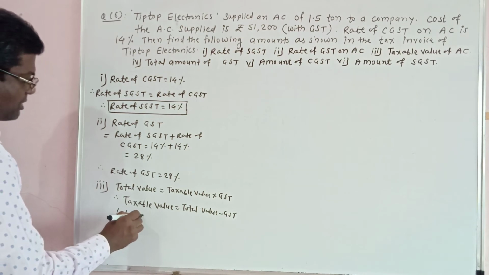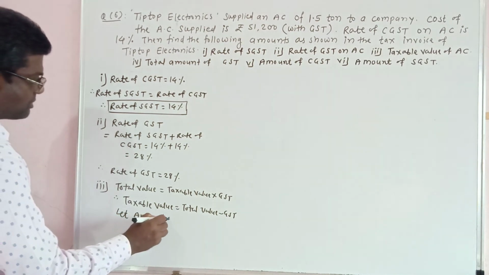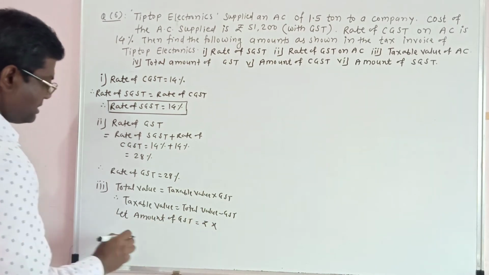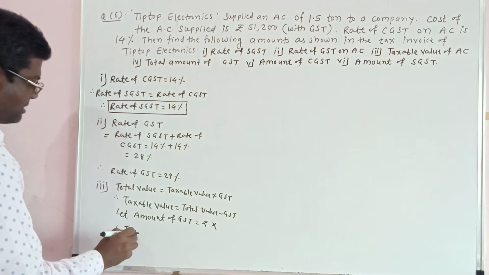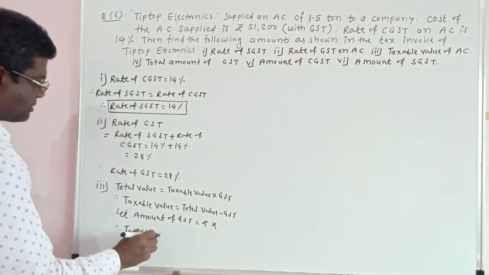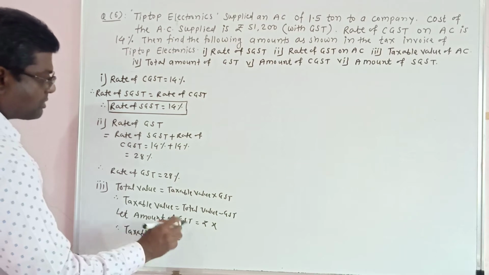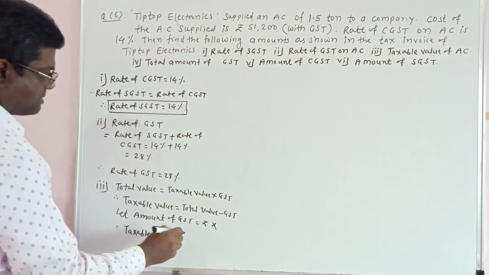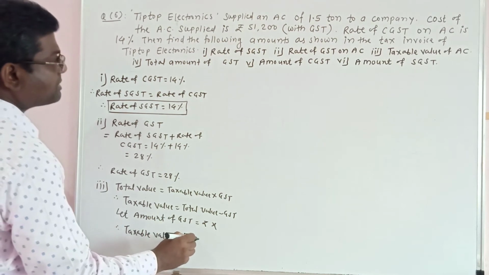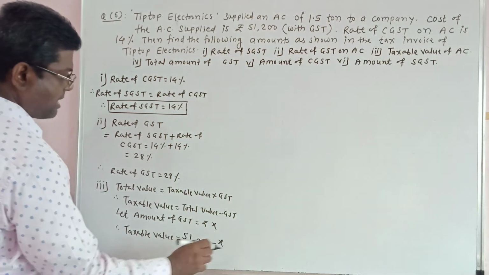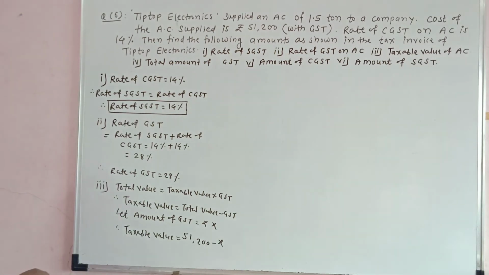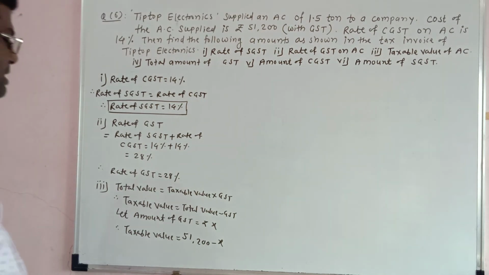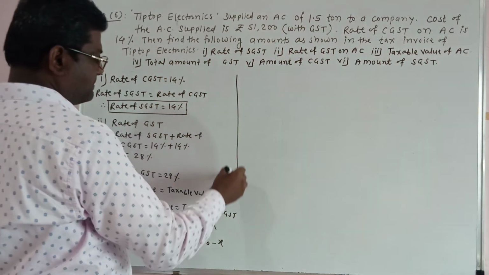Let the amount of GST be rupees X. Therefore, taxable value is equal to the total value, which is given here as rupees 51,200, minus the amount of GST X. So taxable value is 51,200 minus X.